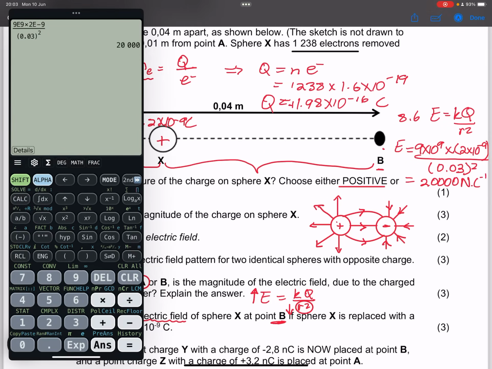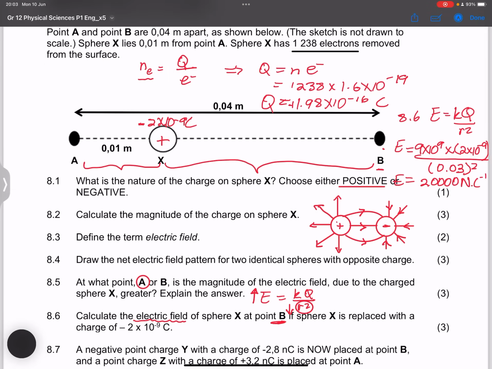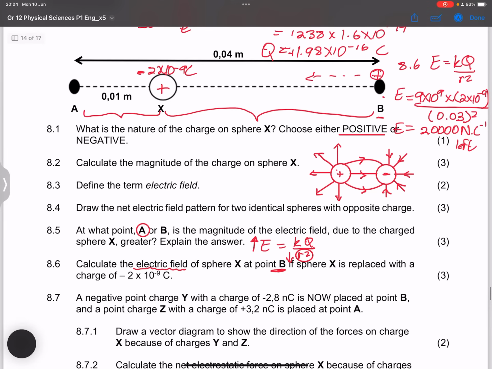Remember in this case the direction of the field, since we've got a negative charge over here, means that it would attract that positive test charge, so it will be to the left.